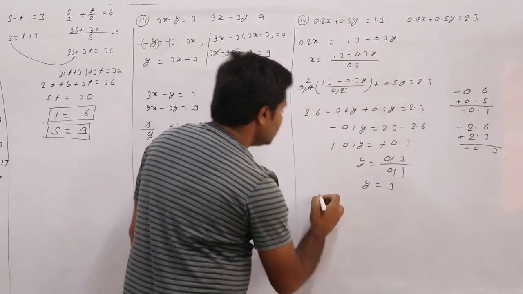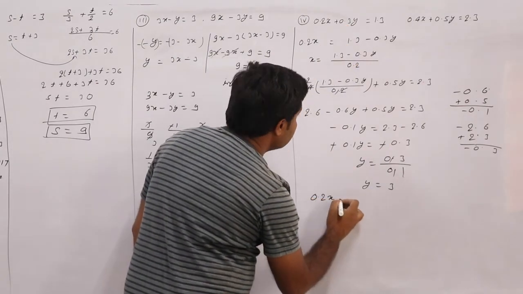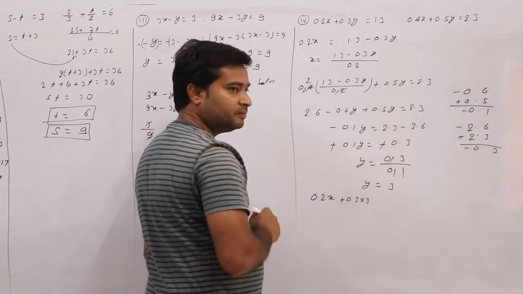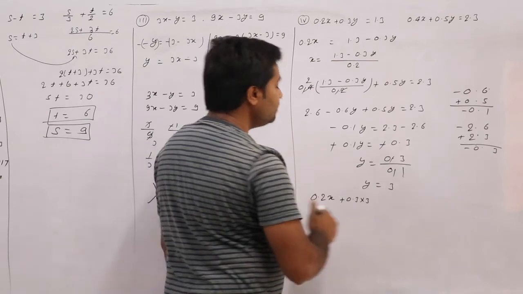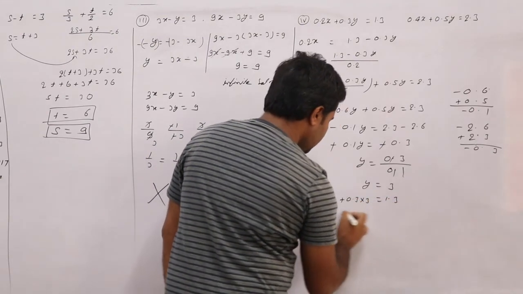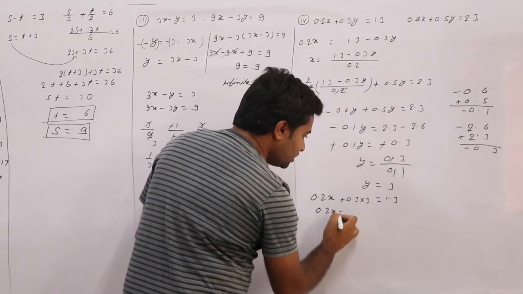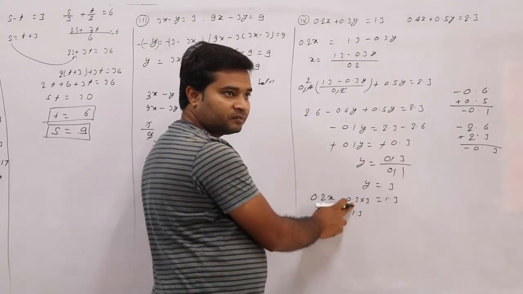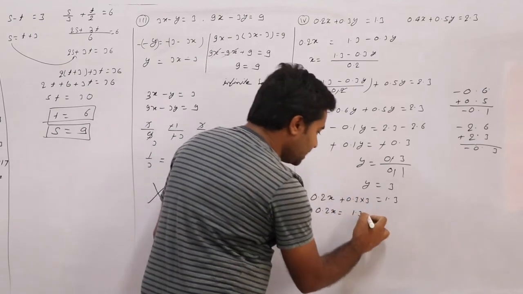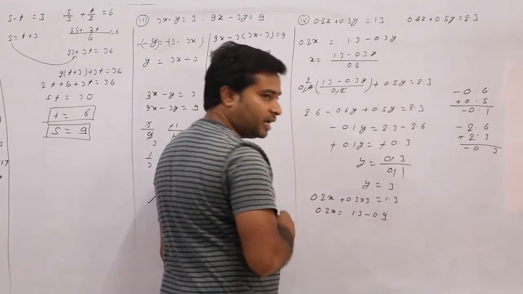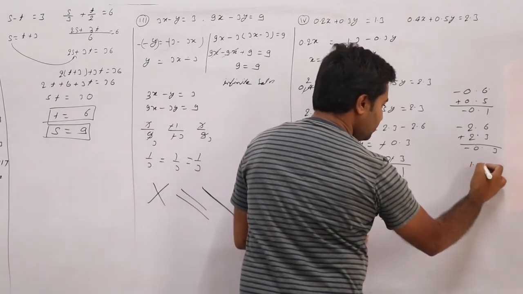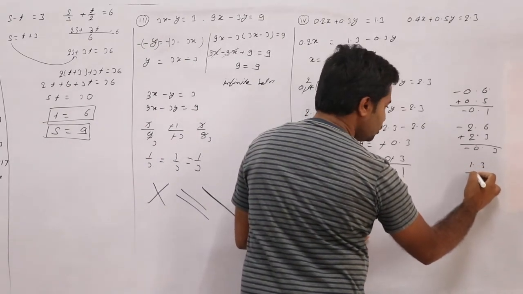So what do we have? 0.2x plus 0.3 into 3, because y is equal to 3, is equal to 1.3. This becomes 0.9, so subtract 0.9 here: 1.3 minus 0.9.